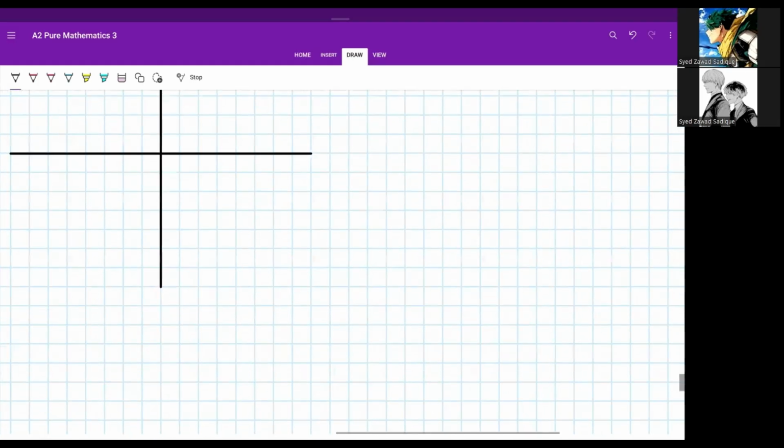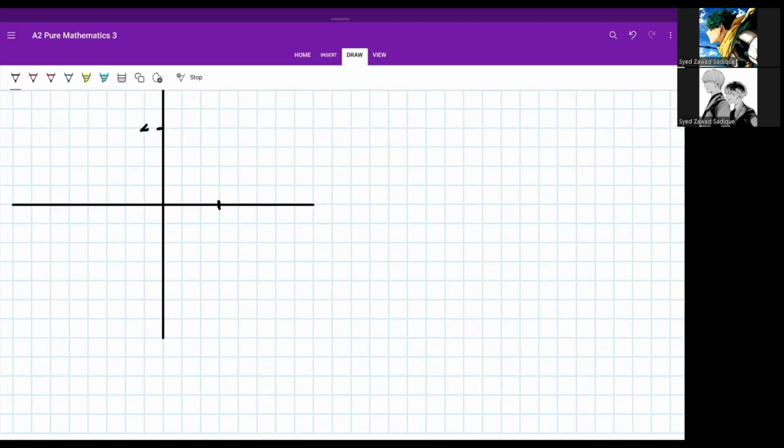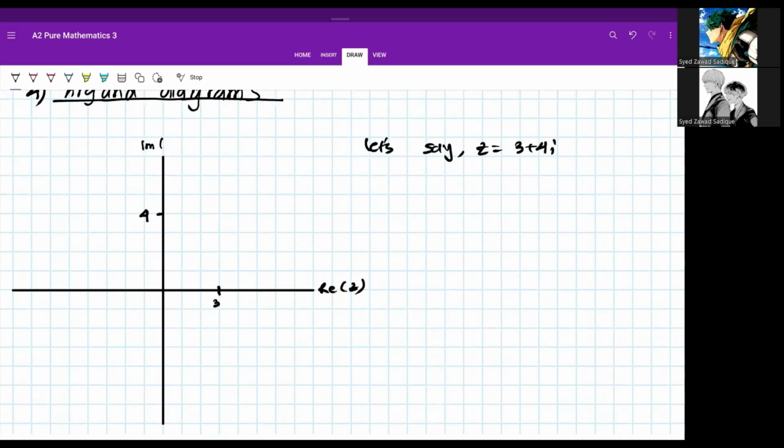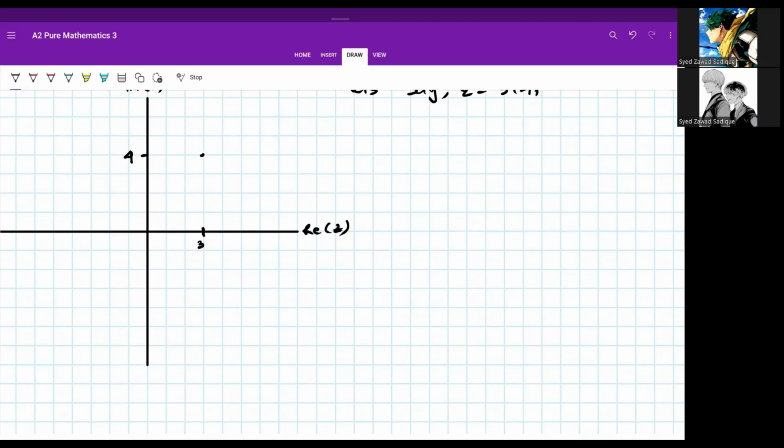So this is 1, 2, 3 and 1, 2, 3, 4. The x-axis is the real component of z, and the y-axis is the imaginary component of z. Now this is the point.